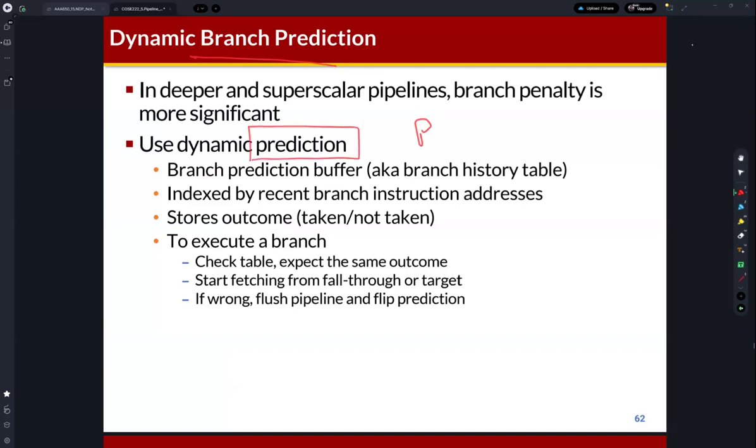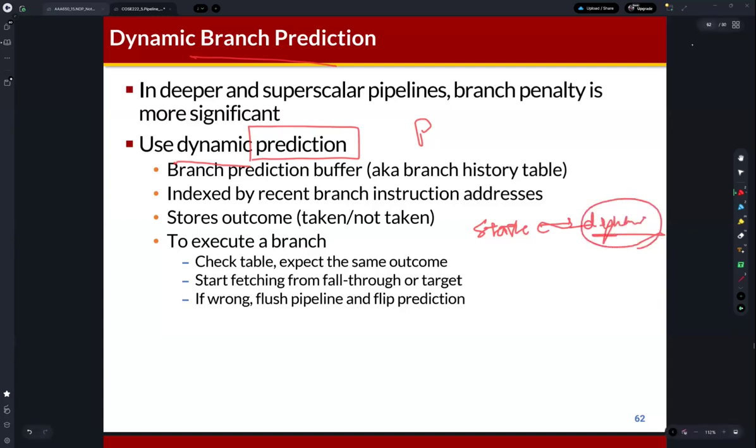And then this is the dynamic prediction. Dynamic means that we predict the result of branch instructions in runtime. It means when code is executed in the CPU, we can predict the result of the instruction. In computer architecture, we frequently use the terms static and dynamic.